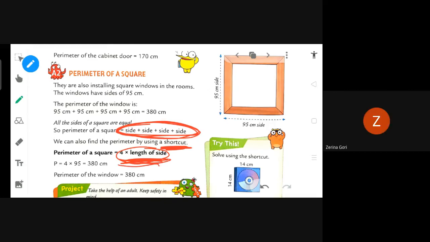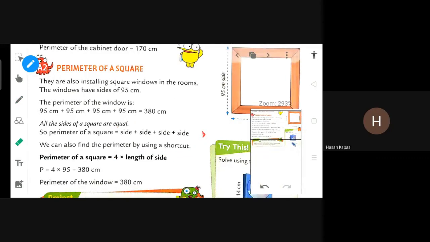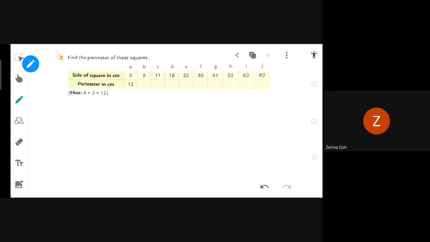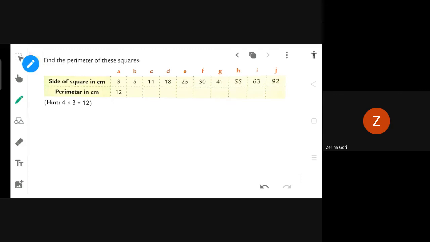Okay. Yes, ma'am. So this is another question in that; 95 is written. So they have put 95 and found the perimeter. So you can try other questions also in the textbook. Shall I change, Hassan? Yes, ma'am. You can see in this question too, perimeter of square, and the side of the square is given as 3.